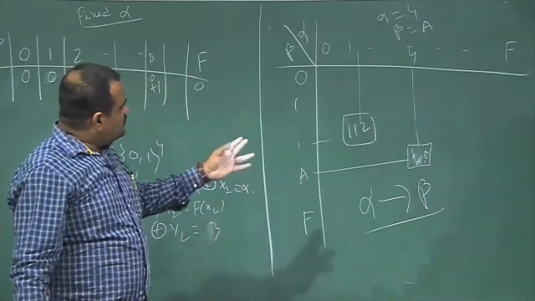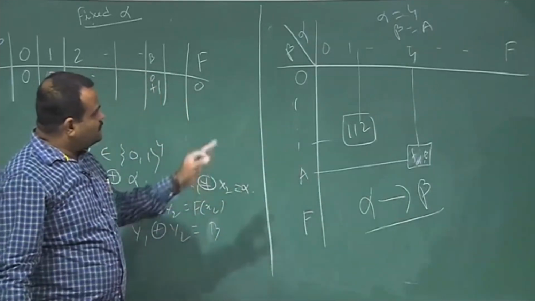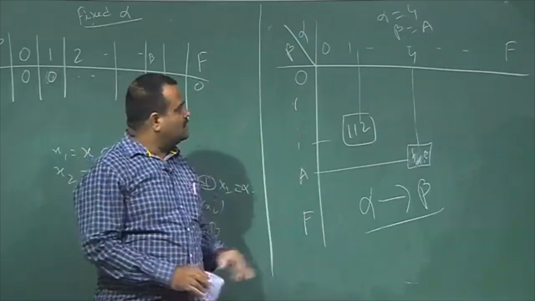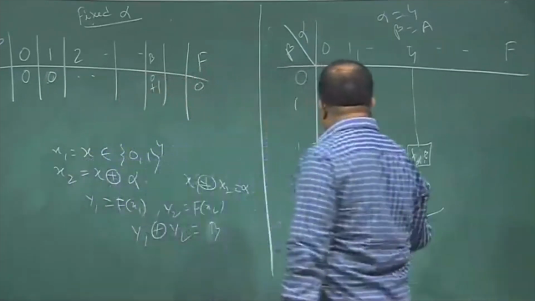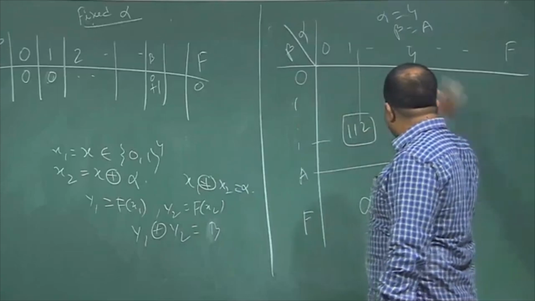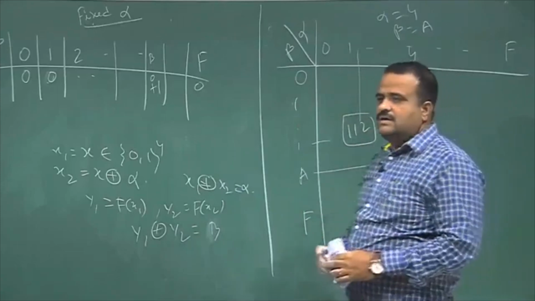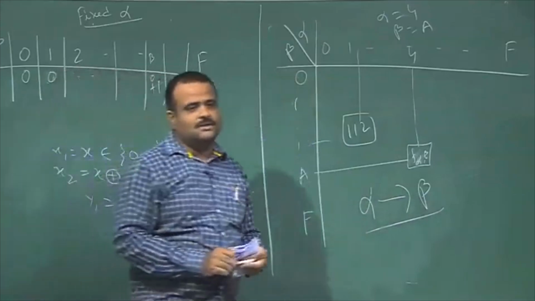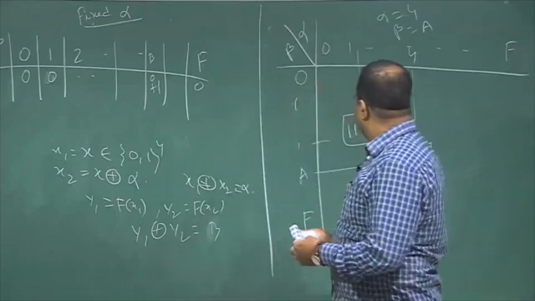Okay. So this is the way we can find alpha beta, and only if such an alpha beta exists can we mount the differential attack, otherwise not. So this table can give us such an alpha beta. If all the values in this table are similar, then no such alpha beta exists in the f, so this block cipher cannot be attacked by differential cryptanalysis.